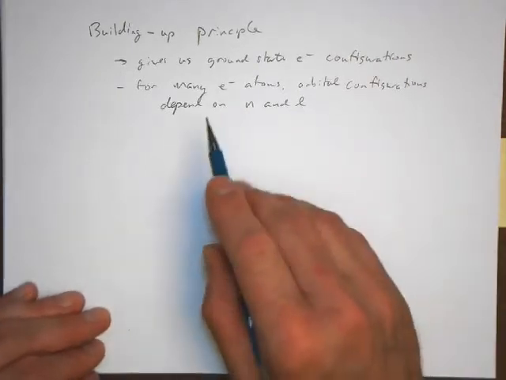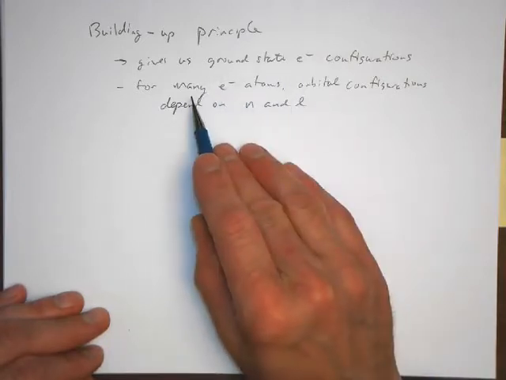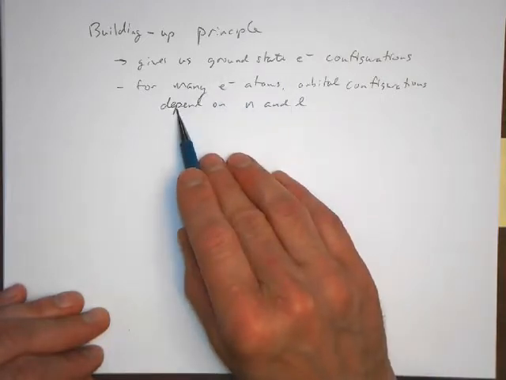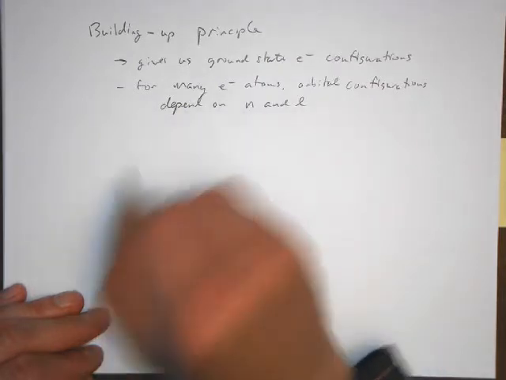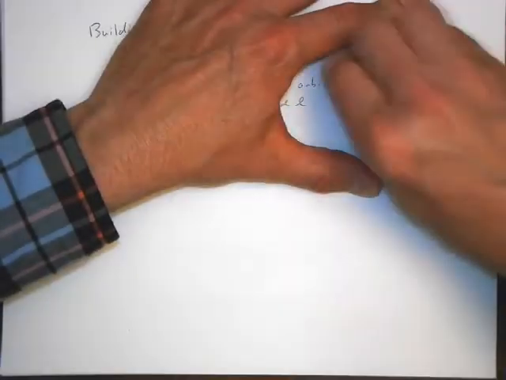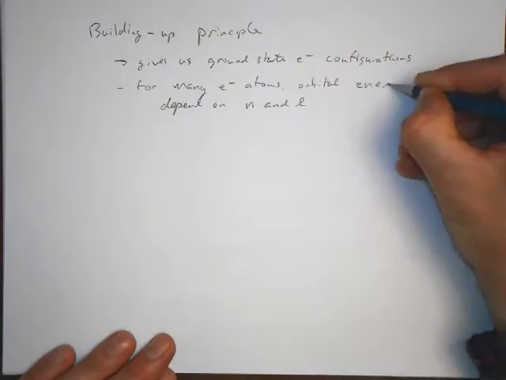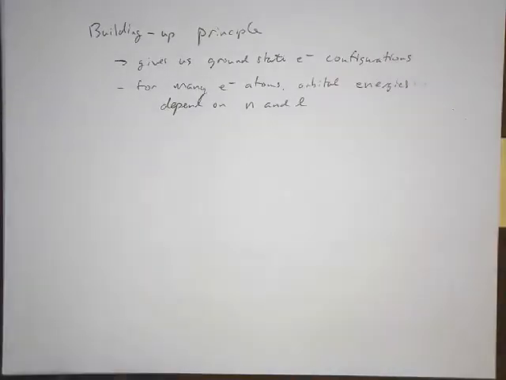Okay, so the energies are going to depend on both of those. Sorry, I apologize, the orbital energies depend on n and l. I'll give you a second to correct that. The orbital energies depend on n and l.